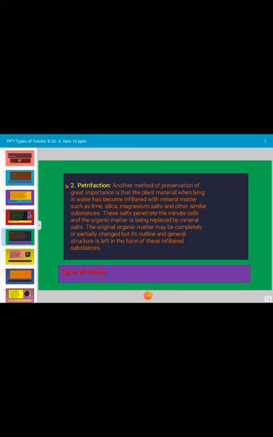The original organic matter may be completely or partially changed, but its outline and general structure is left in the form of these infiltrated substances. In the coal mines, generally coal balls are found, which are formed by infiltration of calcium bicarbonate. Next slide.